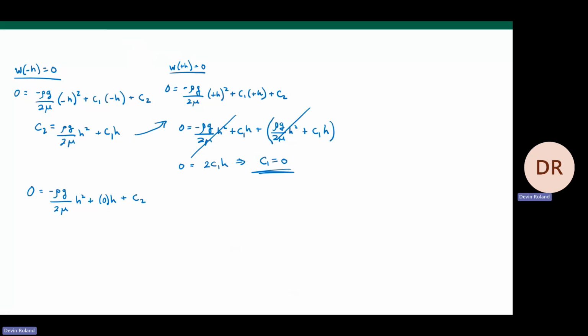Now we solve that, and we get that C2 is equal to rho g over 2 mu h squared. Then plug that back into our original equation, the version with x's.